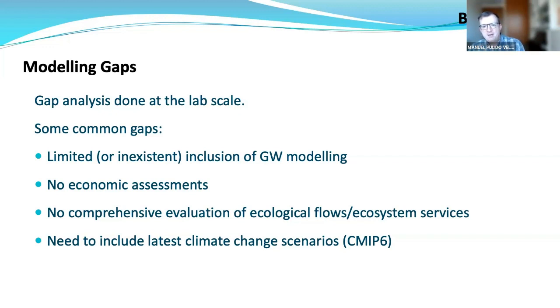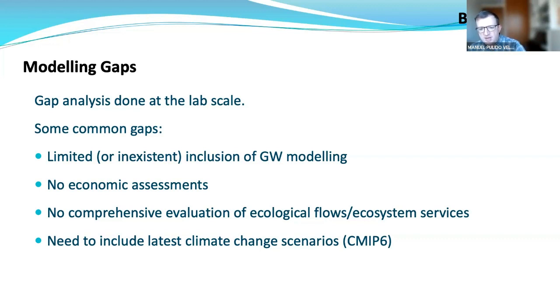Okay, so some of the modeling gaps. The gap analysis has been done at the lab scale, but we found some common gaps across the labs, like the limited or, in some cases, even the lack of groundwater modeling and stream-aquifer interaction in some of the basins. This is crucial.